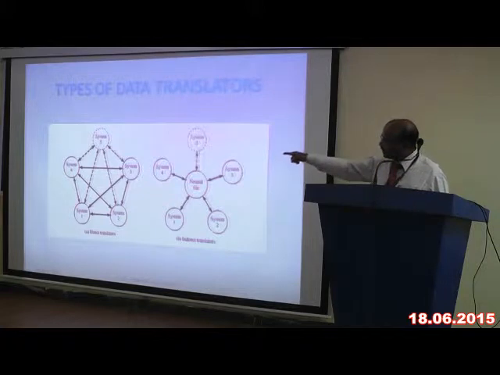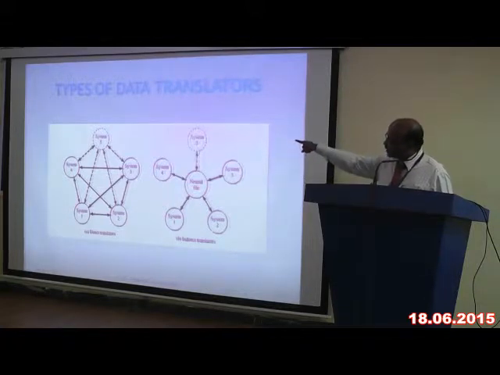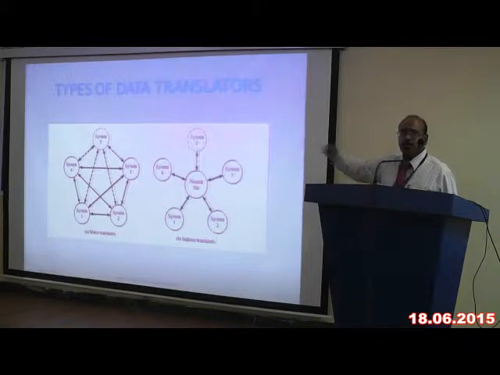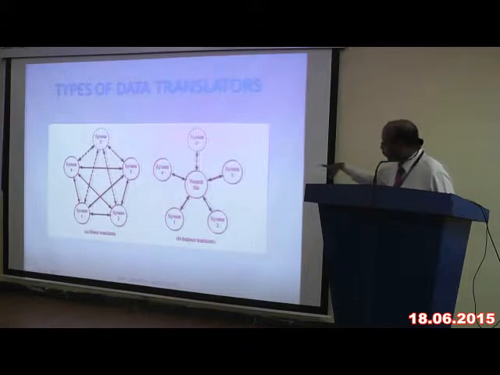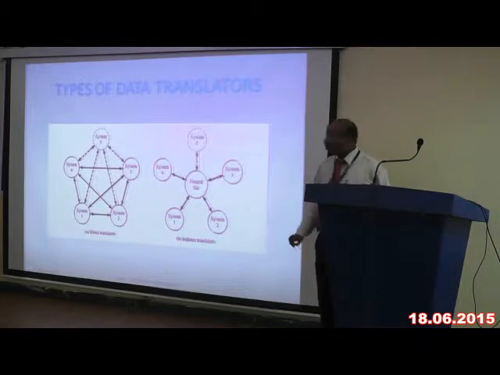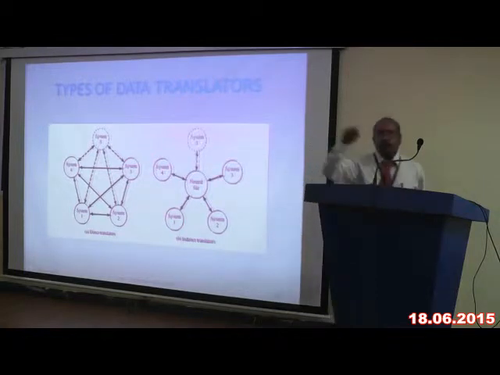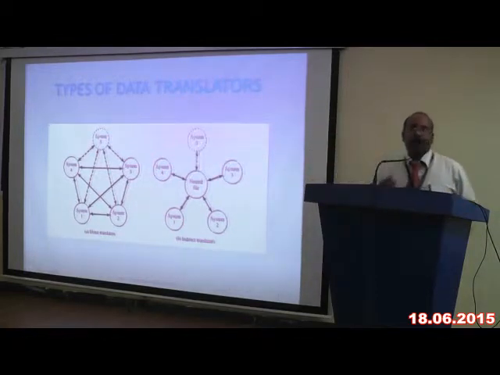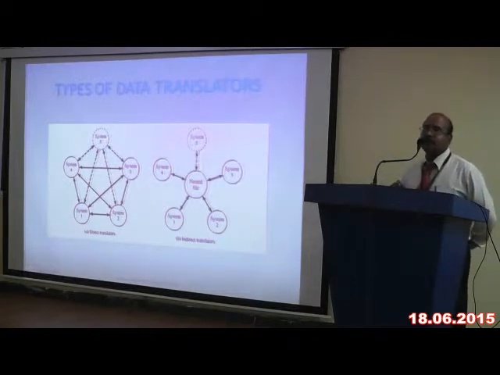For example, you take system 1. System 1 is directly connected to system 3, so it is not necessary to ask permission from a neutral. Whereas with the indirect translator, if you want to make communication between system 1 and system 3, you have to go through the neutral file. So that is the difference.